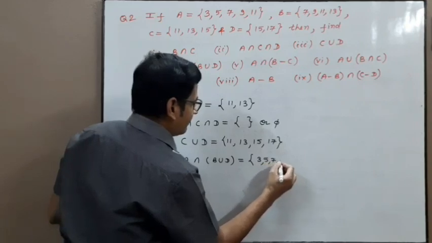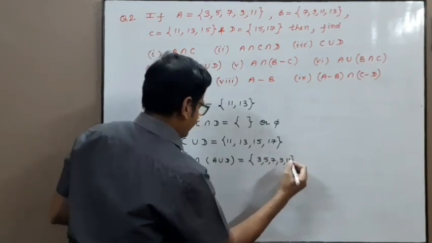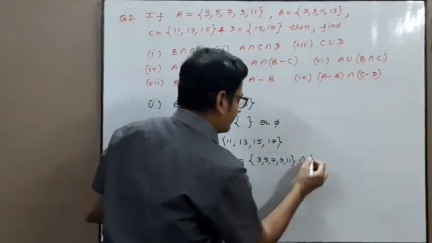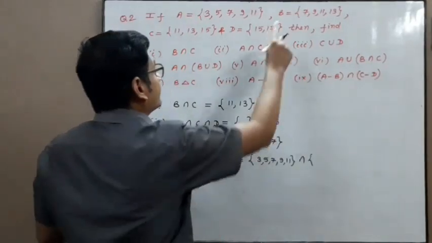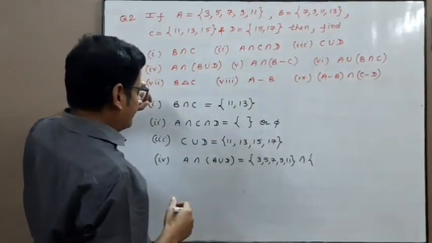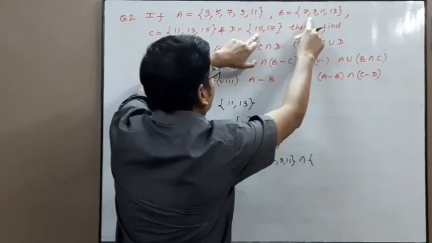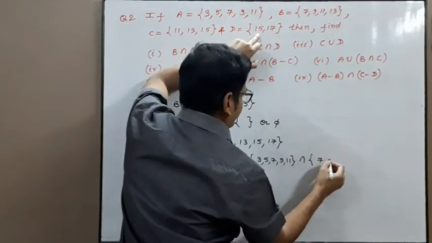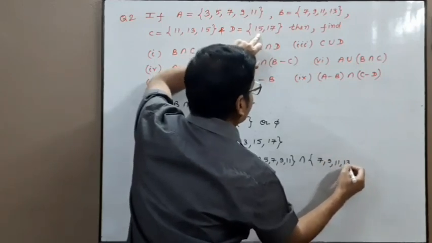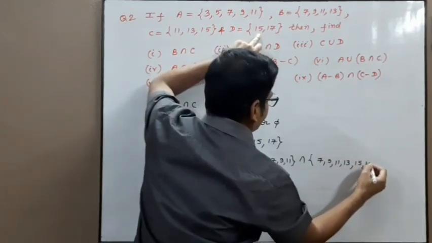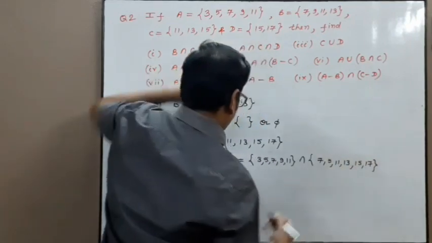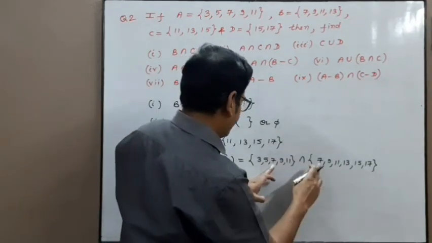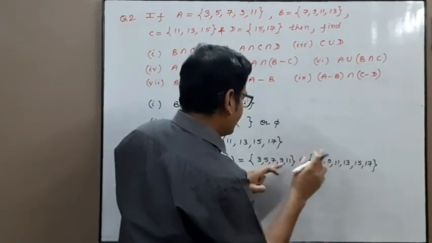Intersection B union D. This is set B and this is set D. B union D is 7, 9, 11, 13, 15 and 17. Now, what is common between these two sets? Common elements are 7, 9 and 11.